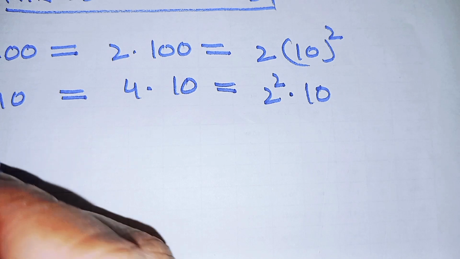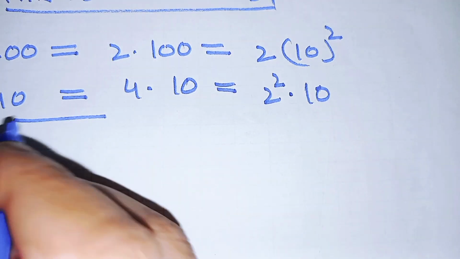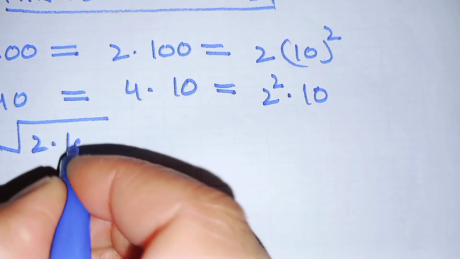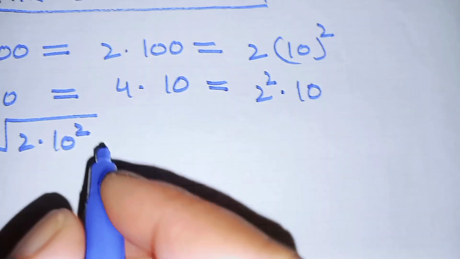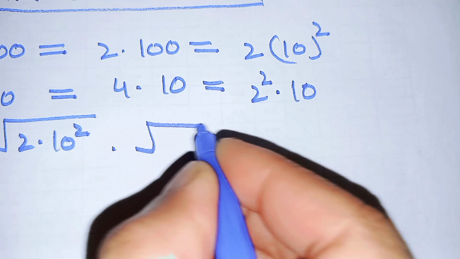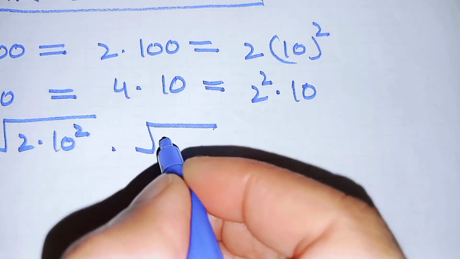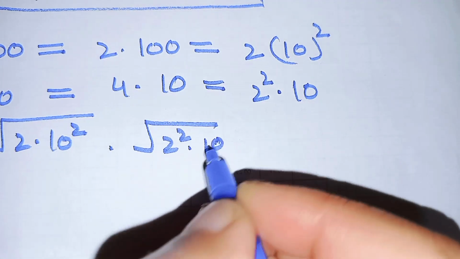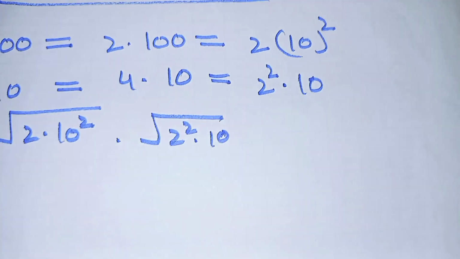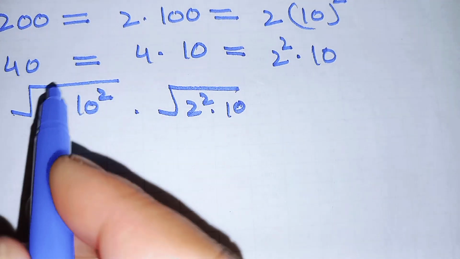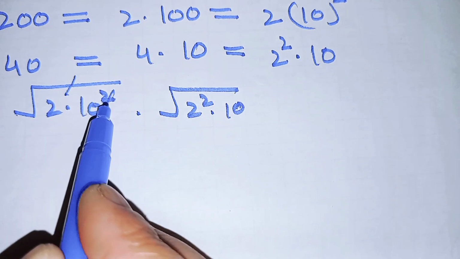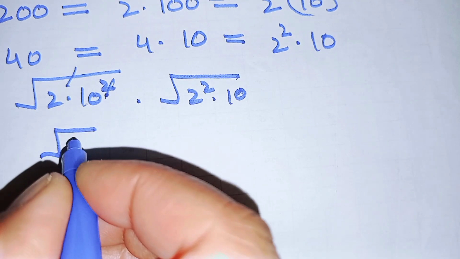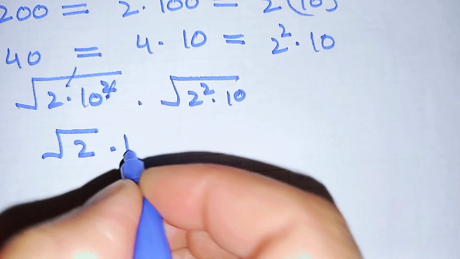And now the square root of 2 times 10 squared, and then times the square root of 2 squared times 10. So we cancel out this square root with this square, and we are remaining with the square root of 2 times 10.